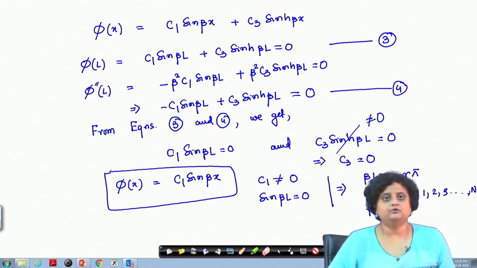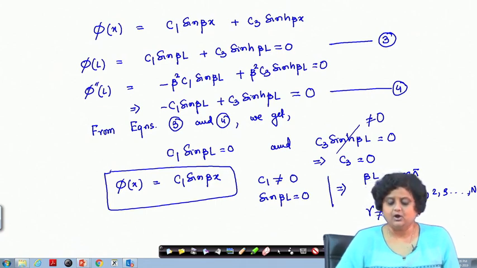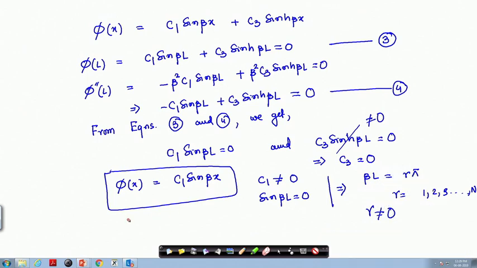So, omega equals 0 is not a physically acceptable solution of the system. Here we also see that omega equals 0, which means beta equals 0, is also mathematically not a solution of the system. So, therefore, beta L is going to be r pi, where r is all possible integer values.